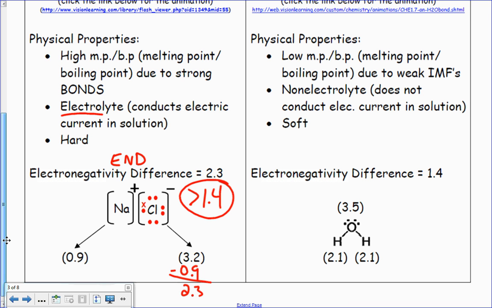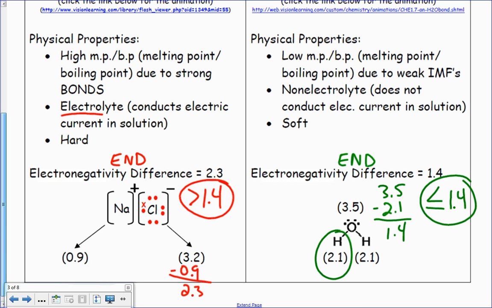Electronegativity difference, again, END. If I take 3.5 and I'm just going to subtract it from one hydrogen, not both, 2.1, I get 1.4. To be ionic, I have to be greater than 1.4, so less than or equal to 1.4 is covalent.